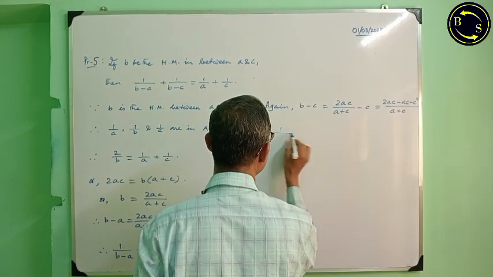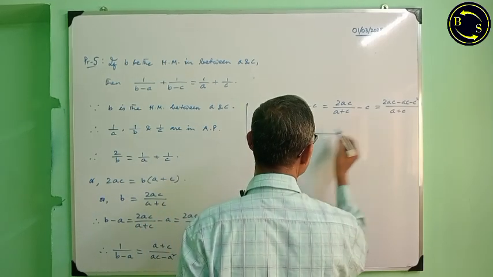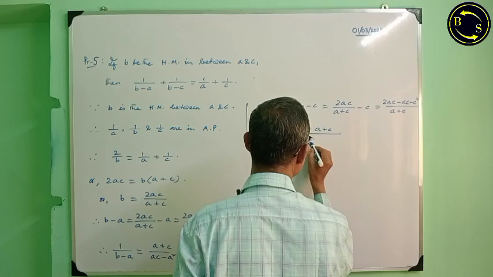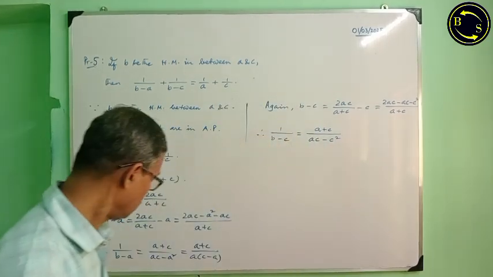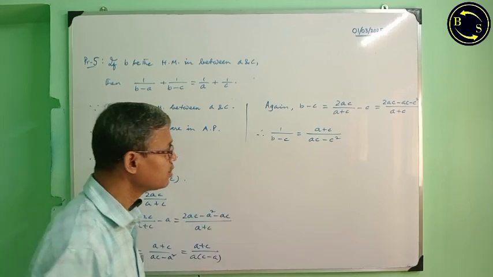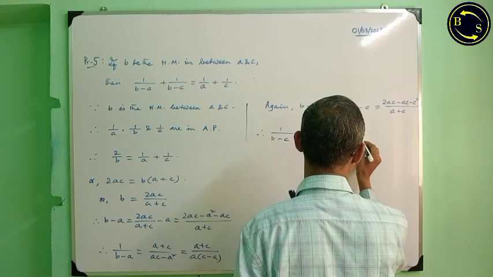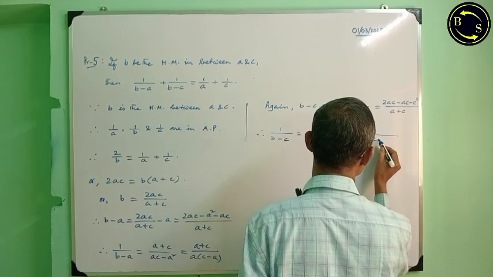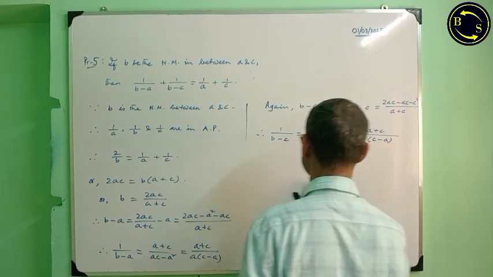Therefore 1 by (B minus C), numerator is A plus C and denominator is AC minus C square. Now I take minus C common factor here, then (C minus A), numerator A plus C.